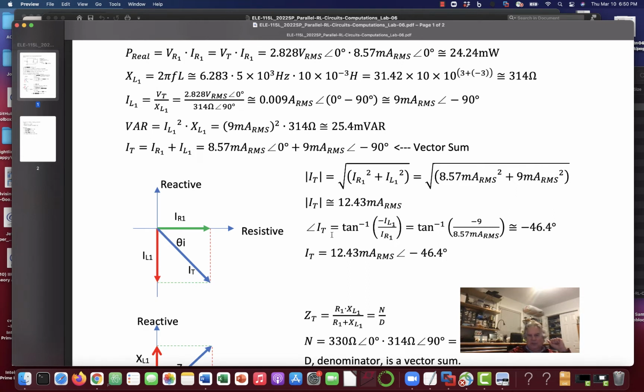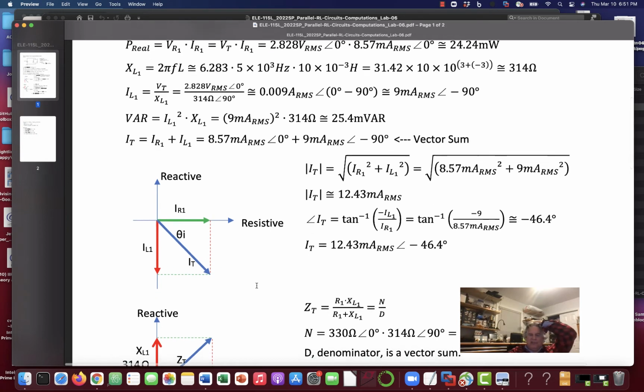So we want to know what angle has a tangent of minus IL1 divided by IR1. Okay, the two currents, and it turns out to be minus 46.4 degrees. So there's our total current magnitude, 12.43 milliamps RMS at minus 46.4 degrees. That would be that arrow right there, IT.